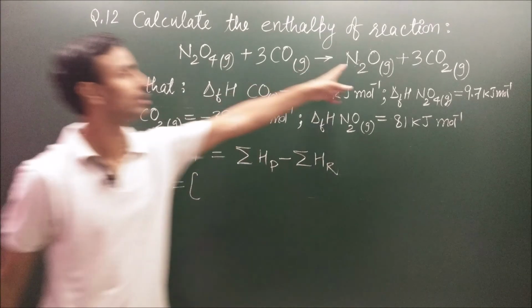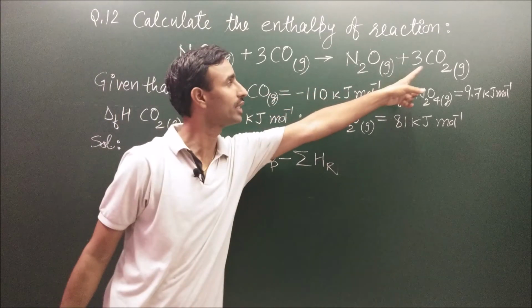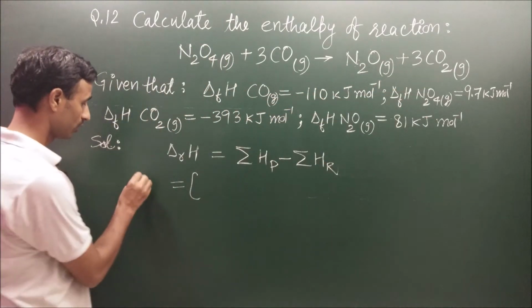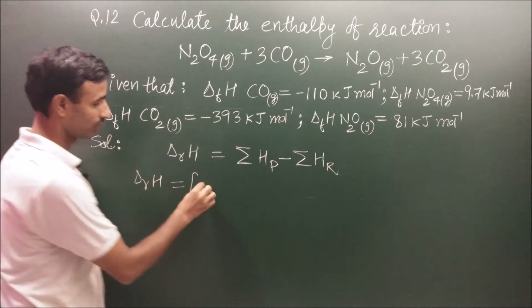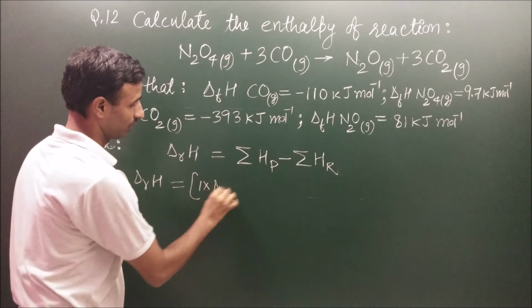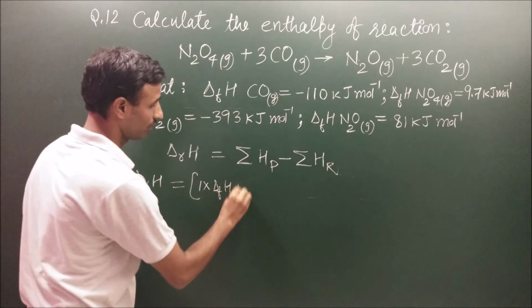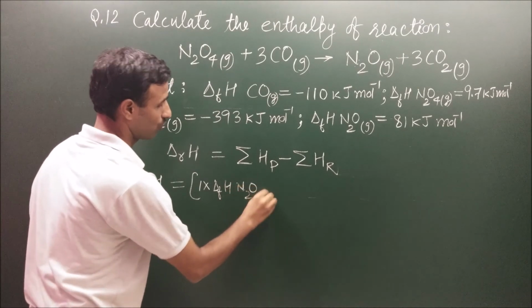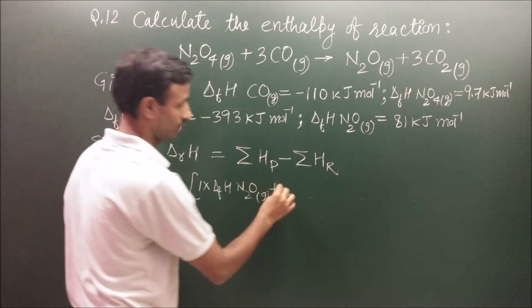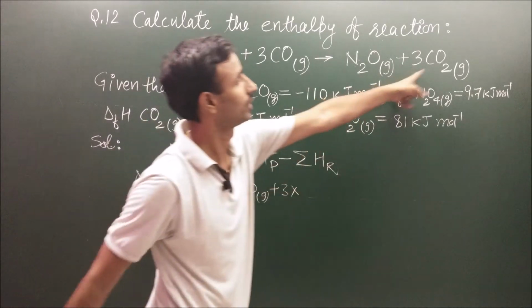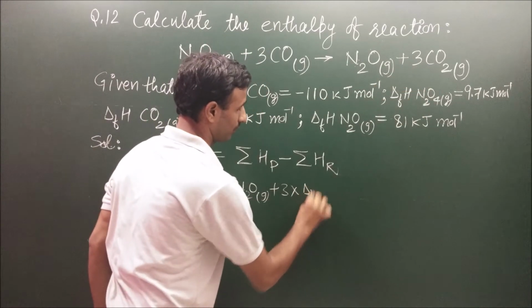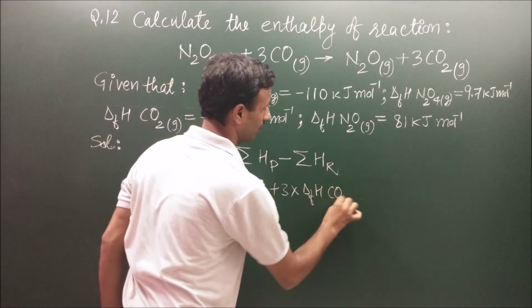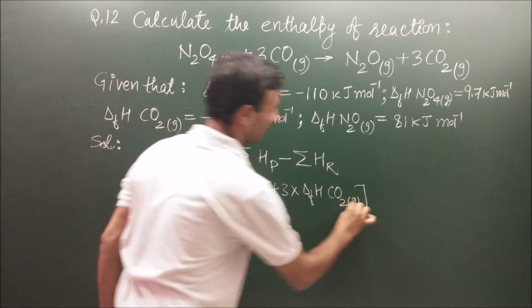Now the products are 1 mole of N2O and 3 moles of CO2. So enthalpy of reaction equals 1 into enthalpy of formation of N2O gas plus 3 into enthalpy of formation of CO2 gas.